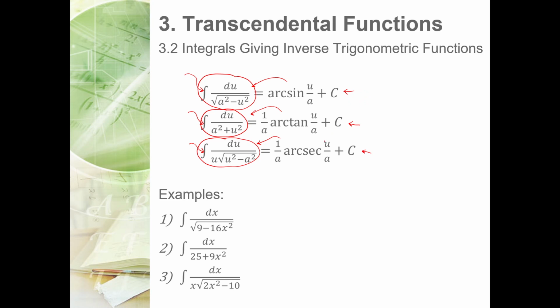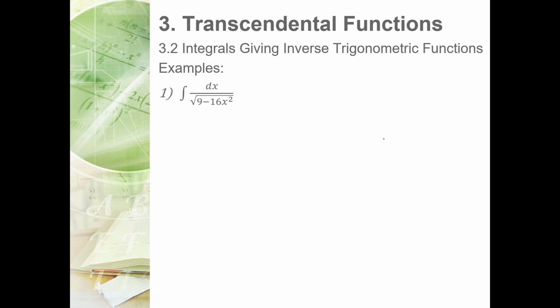Okay, so let's appreciate the formulas by solving some examples. Let's start with the first. Looking at your equations, these are the different formats of your formulas. First, du over square root of a squared minus u squared corresponds to arcsine of u over a plus c. Then du over a squared plus u squared corresponds to 1 over a arctangent of u over a plus c.